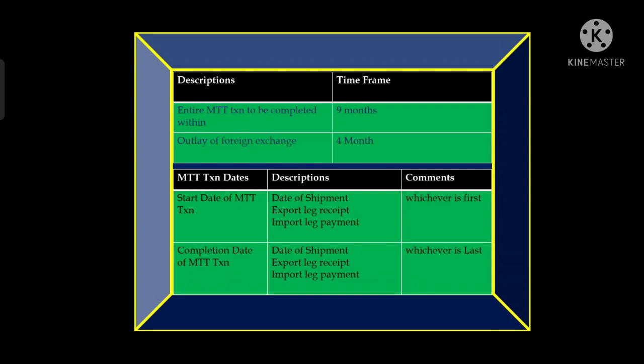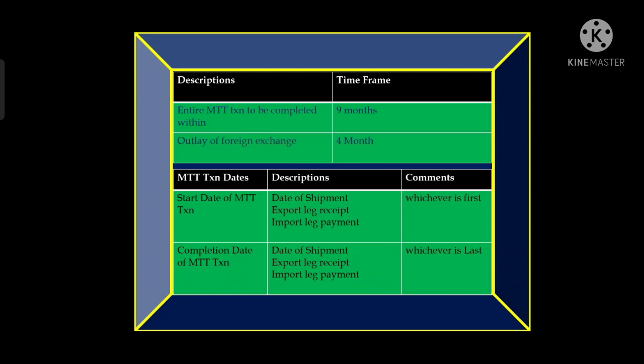Let's understand the same from a different aspect. Here the Indian trader has made the import leg payment in advance with today's value date. So the export leg should be received within 4 months from today's value date.